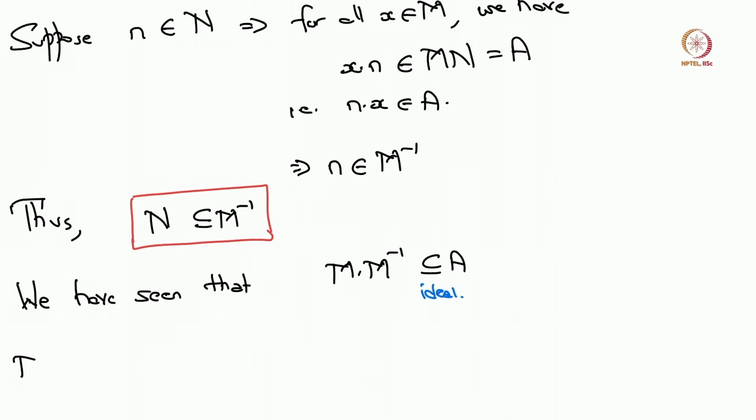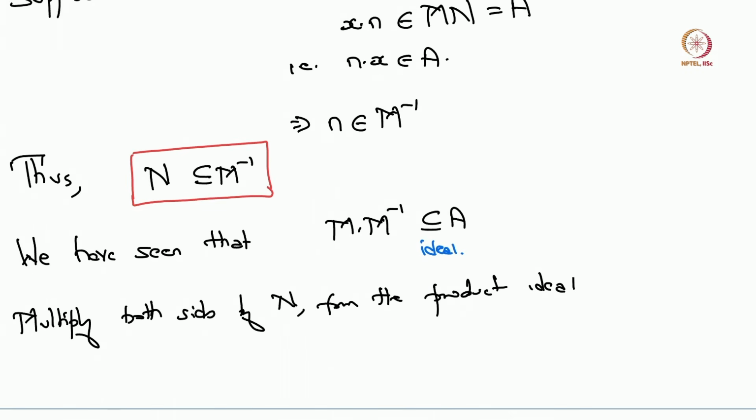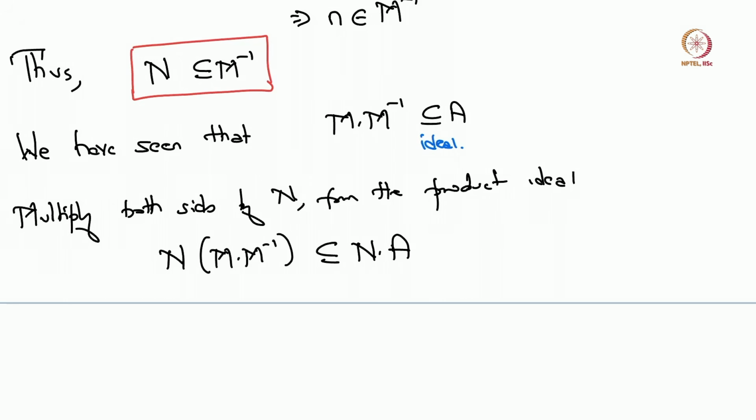And so just multiply both sides by n and form the product ideal. So we have n times M times M inverse sits inside n times A. But now just by associativity, you have n times M, close brackets, times M inverse sits inside n.